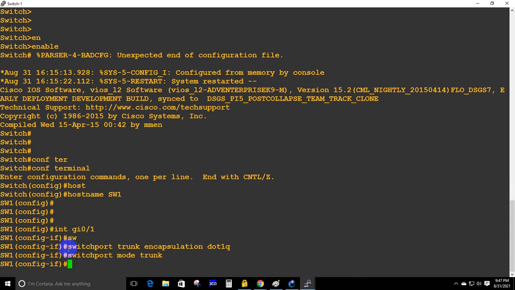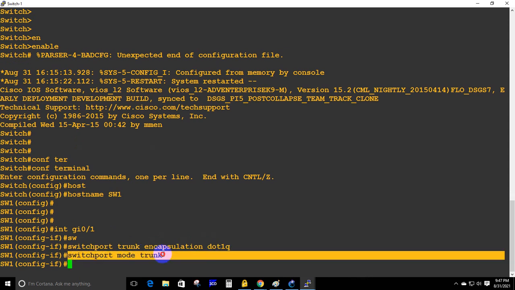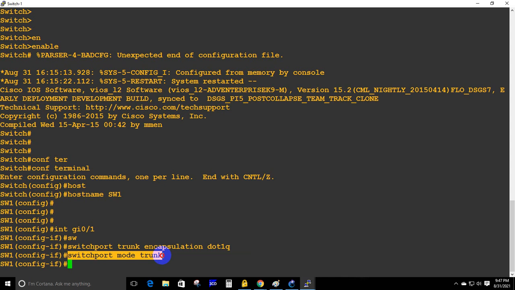We define the encapsulation protocol over the trunk link, and then we make the port a trunk. Okay.